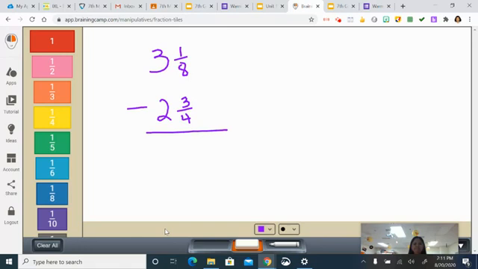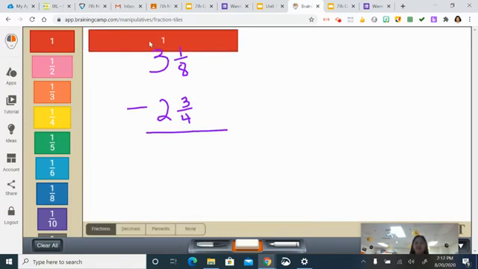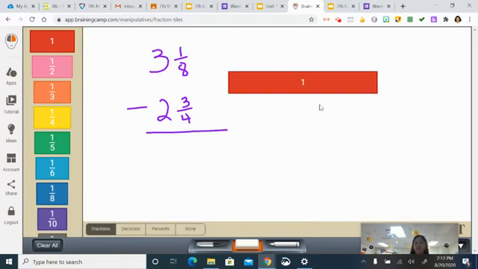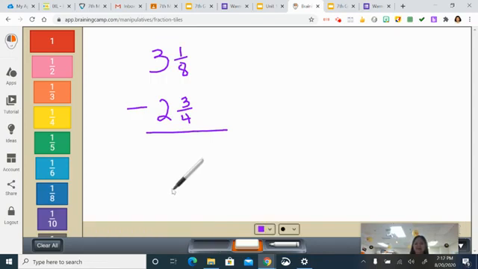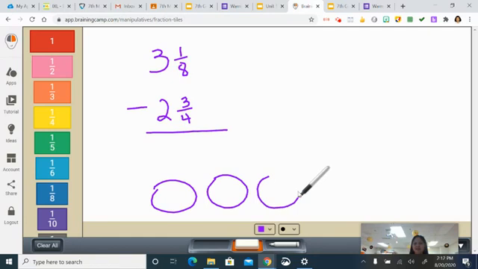So, should I build it? I'm trying to do, that's going to be too big. Never mind. Let me just draw my circles. What I'm trying to do is, I'm taking 3 of these and 1/8 of a whole.